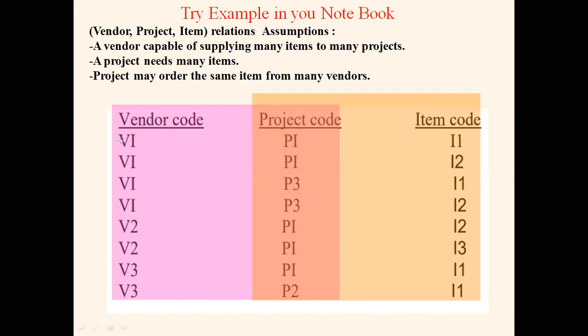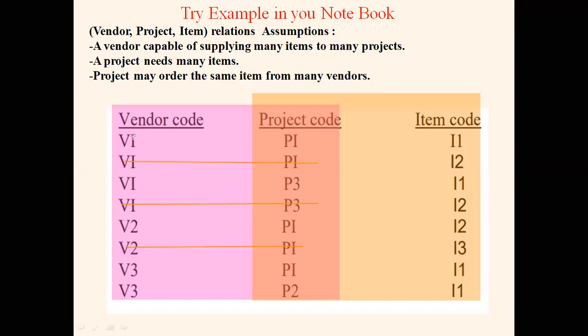Okay, these are repeating values. V1, P1, then this, yes, we have this one. V2, yes, we have this one. V3, then P1, no. V3, P2, no, we do not have any repeating values. So how many tuples do we have?